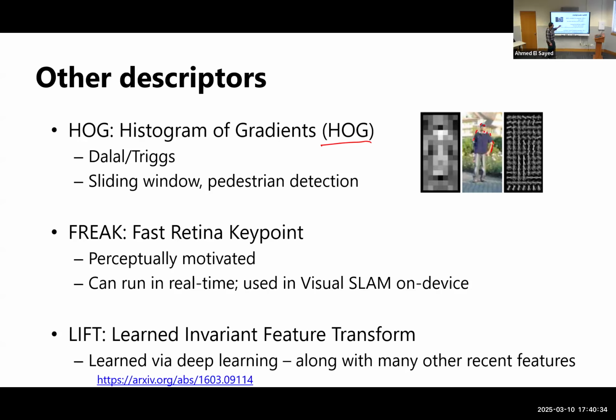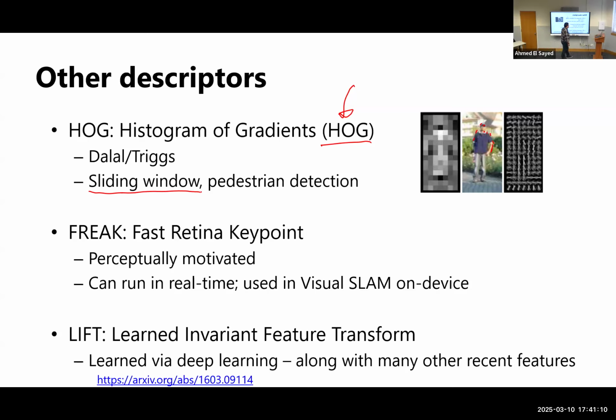This technique is actually very efficient, the histogram of gradient, and is still used to this moment in many applications. It focuses mainly on having a window that slides over the given image, and for each value in the window, I calculate the histogram of gradient and try to match it with a pre-calculated pattern.